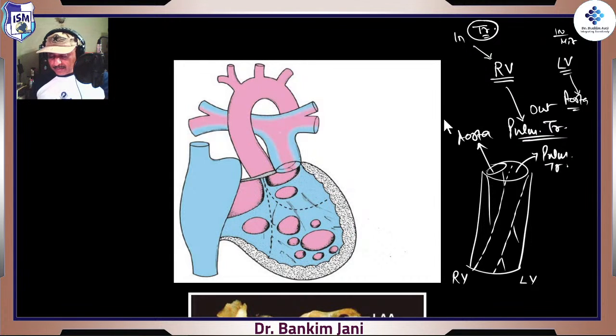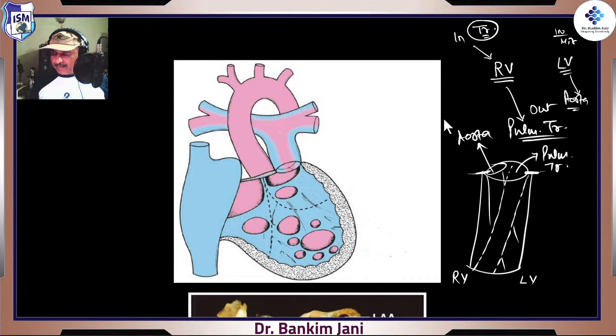But sticking to this part, when we know this, it means that this aorta or this pulmonary trunk may also be involved in the ventricular septal defect because they are so close.